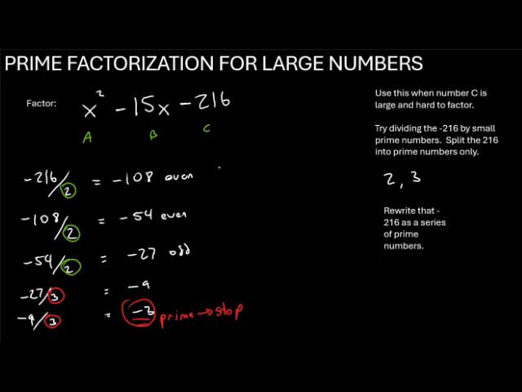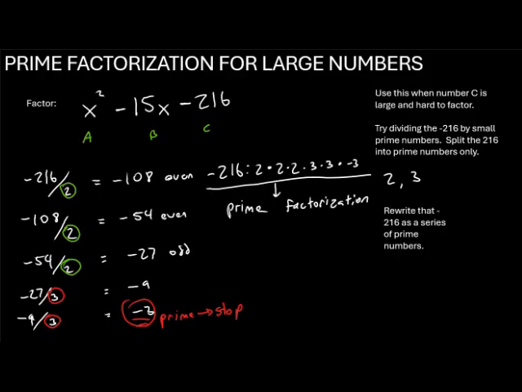So we can say negative 216 is the same as 2 times 2 times 2, because we had 3 2s, and then 3 times 3 times negative 3. This negative 216, written as this chain of small prime numbers, is what we call a prime factorization.